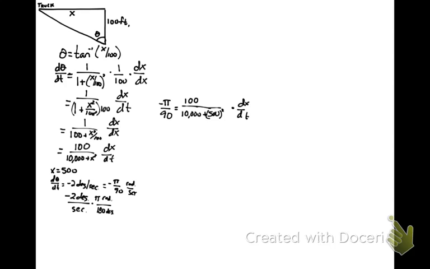So solving for dx dt, we'll find that it is negative 90.757 feet per second, right? So I've done all the algebra, and I've ended up with this for feet per second. And the negative just has to do with the direction of travel.